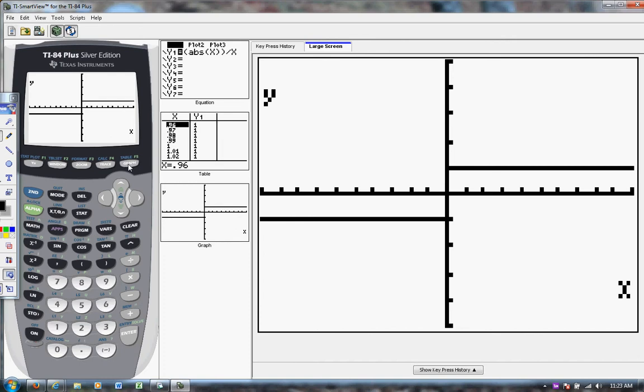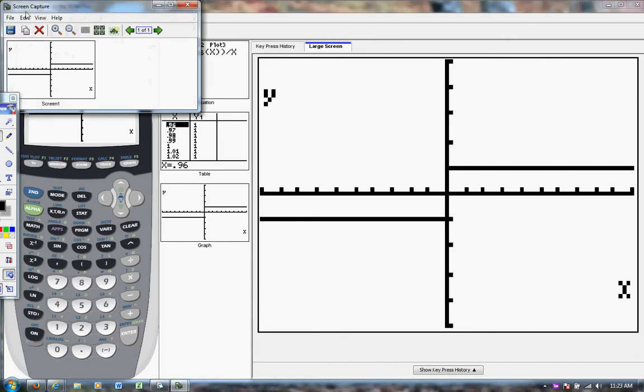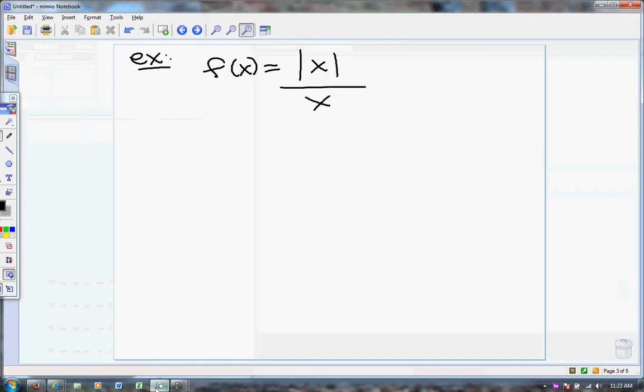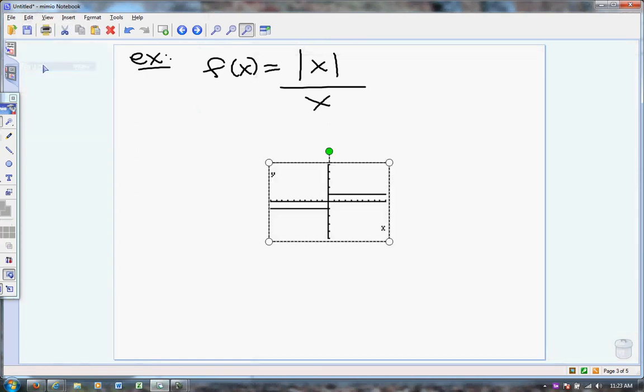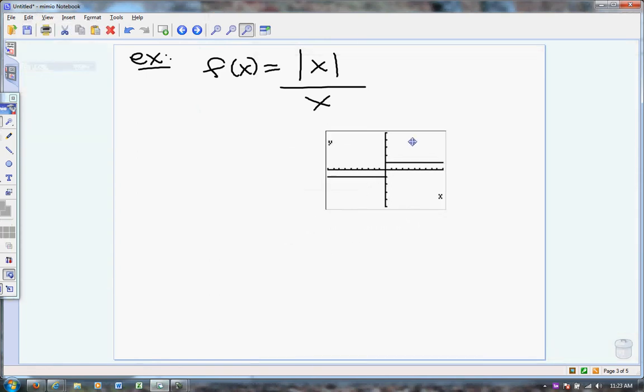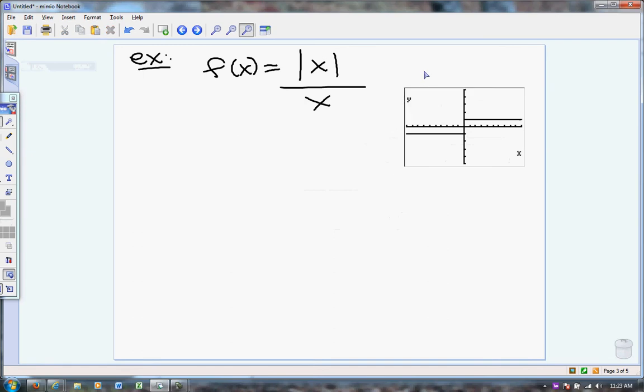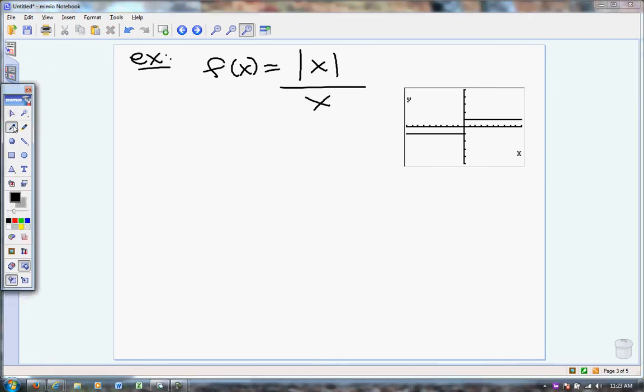That's interesting, isn't it? Well, doesn't that make sense, though? If we think about this function and just look at it, let's think about it numerically.